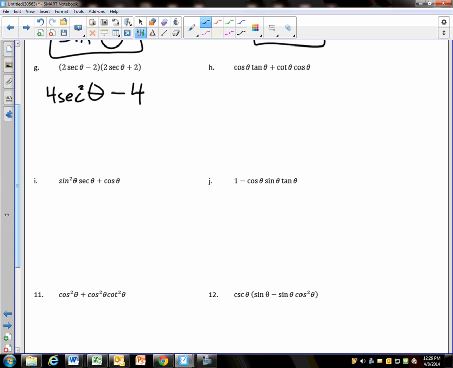Now, you don't have a formula for 4 secant squared minus 4, right? Factor out a 4. 4 times the quantity secant squared of theta minus 1. Secant squared minus 1. So this is 4 tangent squared.